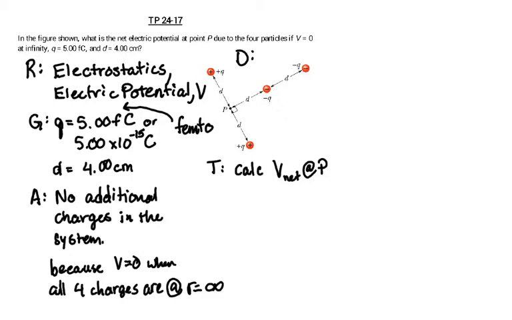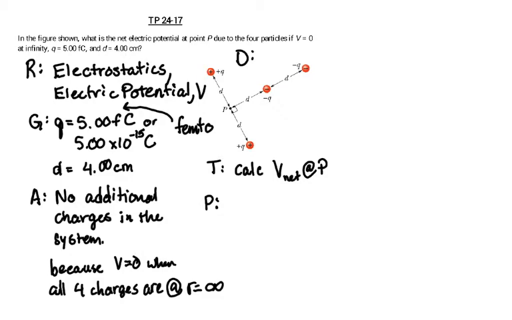All right, next up, our task is to calculate the net electric potential at point P, which should lead us directly into our physics step. And first we have to know what the equation is for our electric potential.